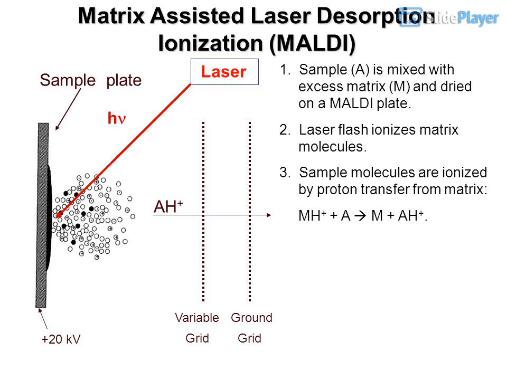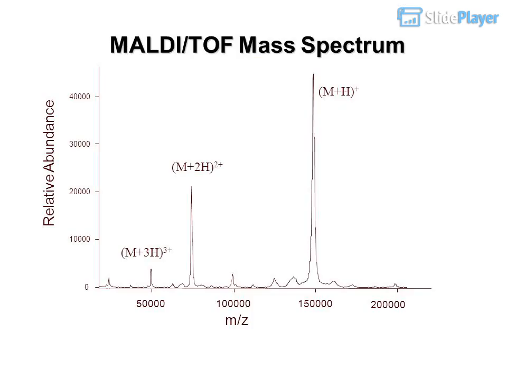Variable ground grid. Plus 20 kV. MALDI/TOF mass spectrum. M plus H+, M plus 2H 2+, M plus 3H 3+. Fragmentation.